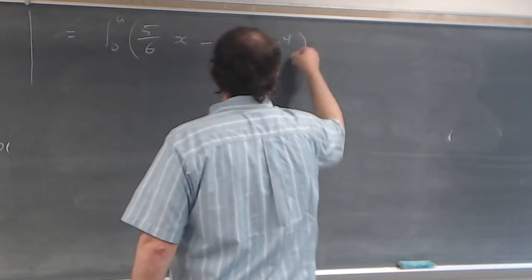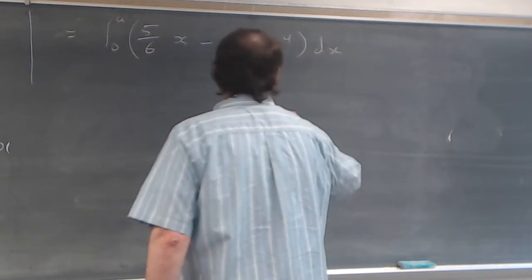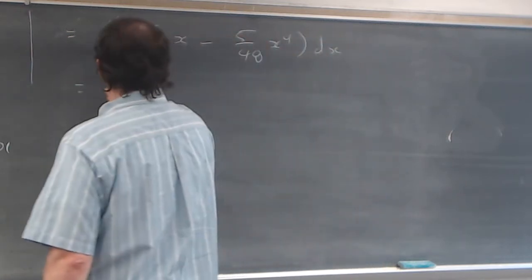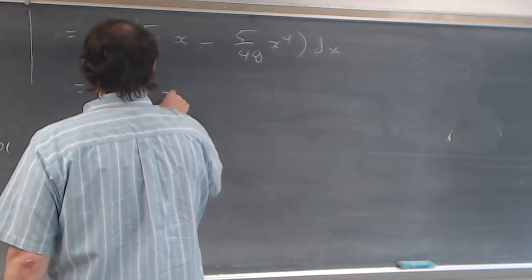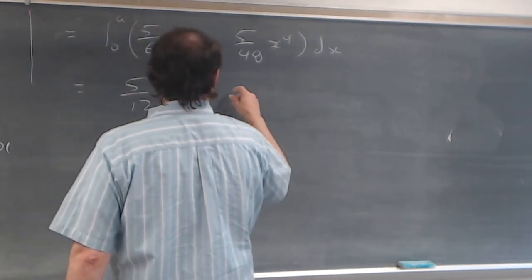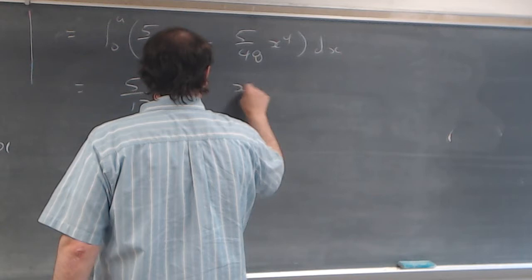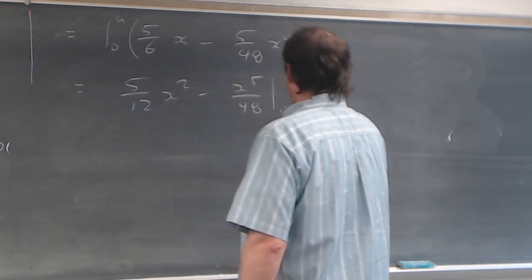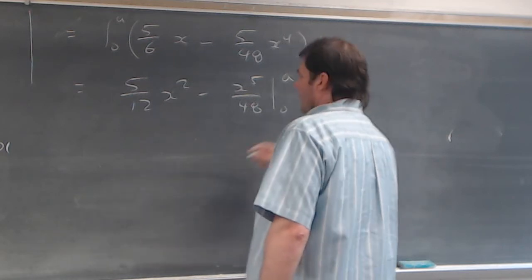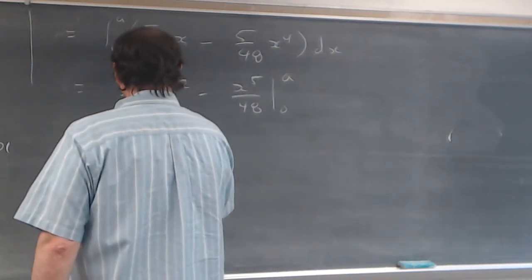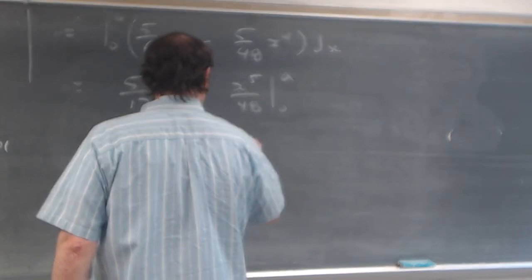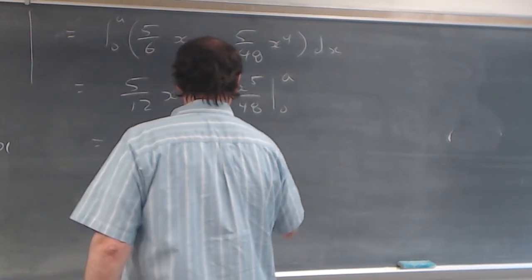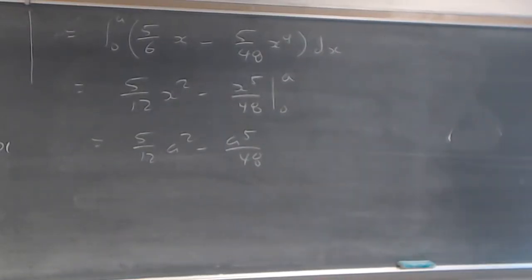I need to integrate with respect to x. That's going to equal 5 12ths x squared minus x to the 5th over 48. And that's evaluated from 0 to a. And that's equal to 5 12ths a squared minus a to the 5th over 48. And that's the last subcase we have where a is between 0 and 2.